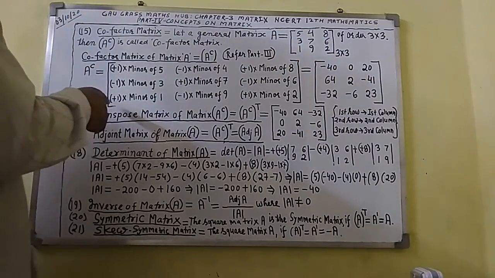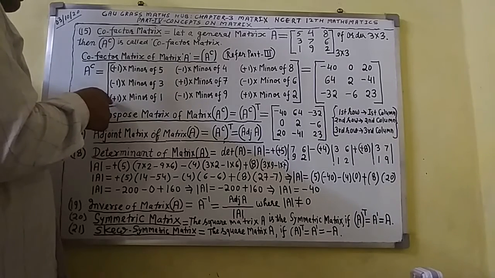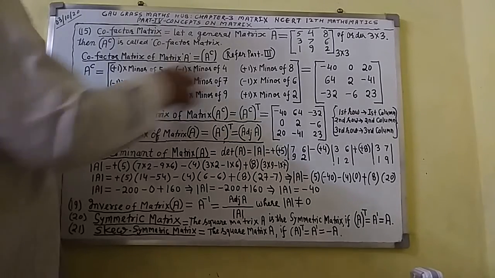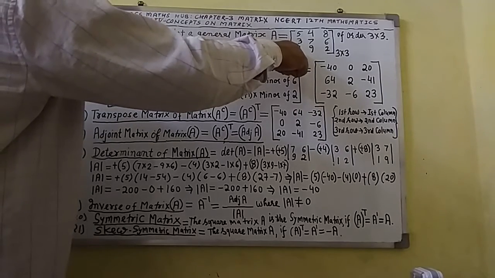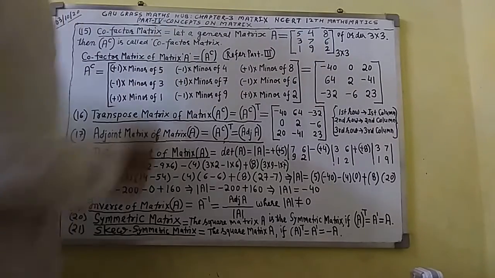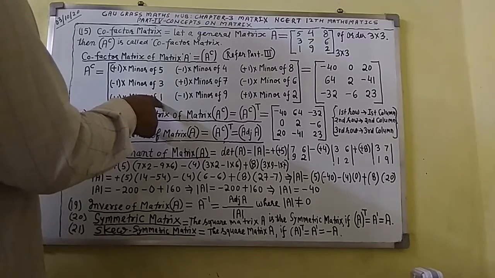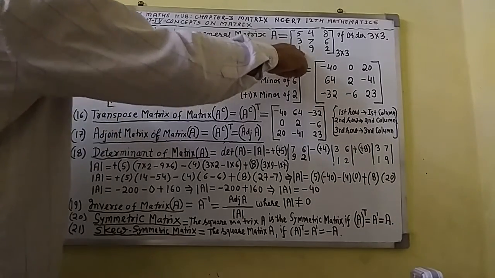And third row we shall proceed. Plus 1 will always be there, will be multiplied to minor of element 1. Here you can see element 1 is there in third row, first column. Minor of element 1 will multiply to plus 1 here. This one minus 1.